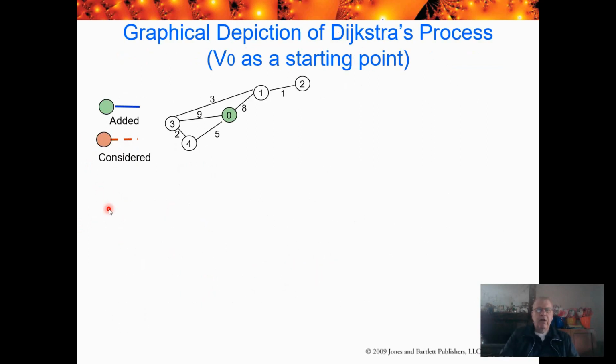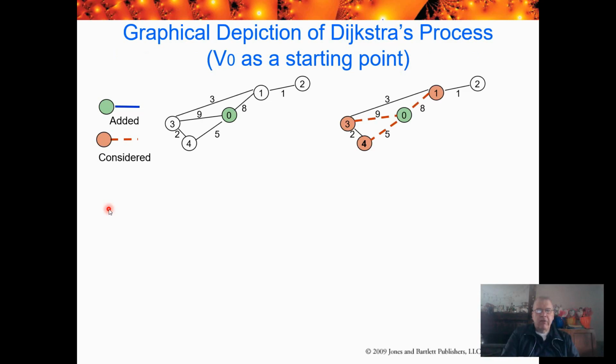So here's a visual description. It's similar, but not exactly the same as Prim's. Again, we have the same nomenclature, so green nodes and edges are in the shortest path map. And when we're looking at new edges, we have the red dotted line.